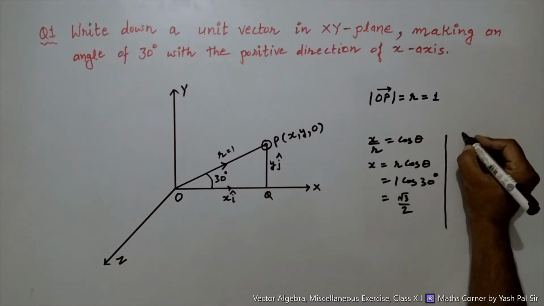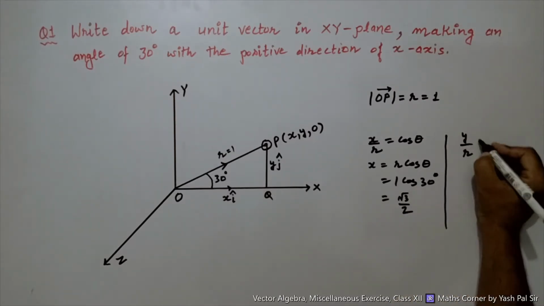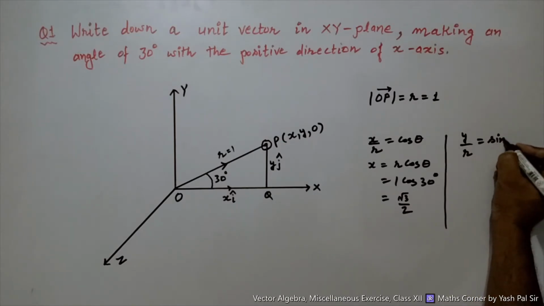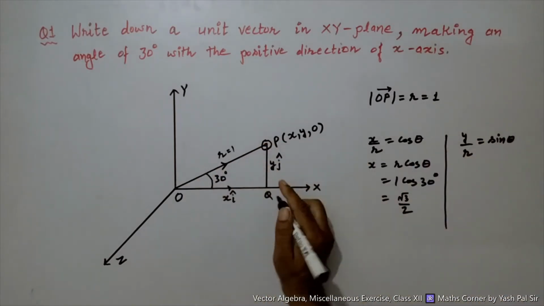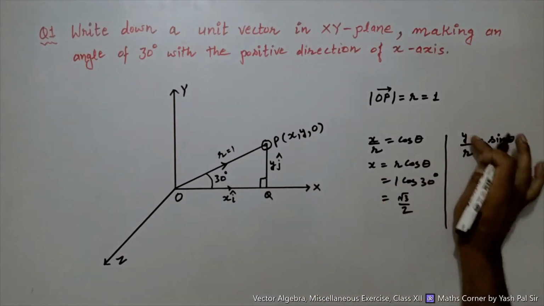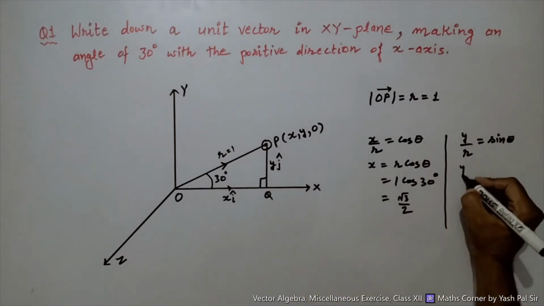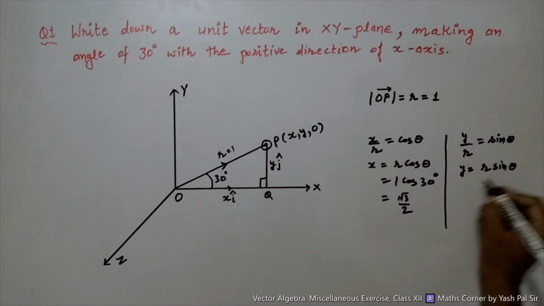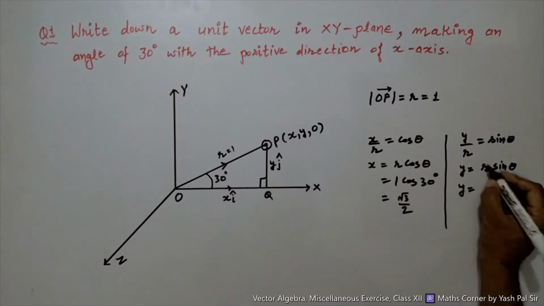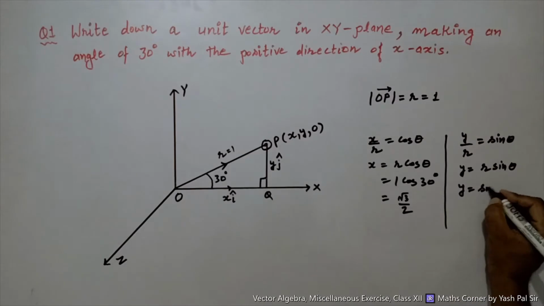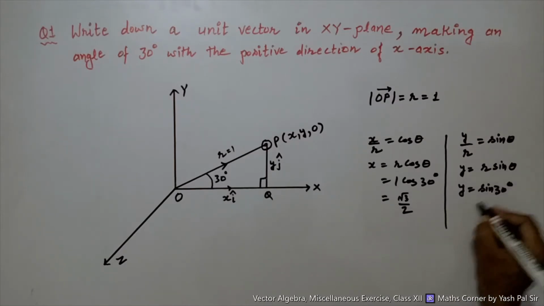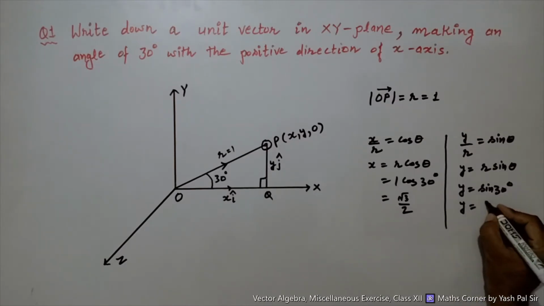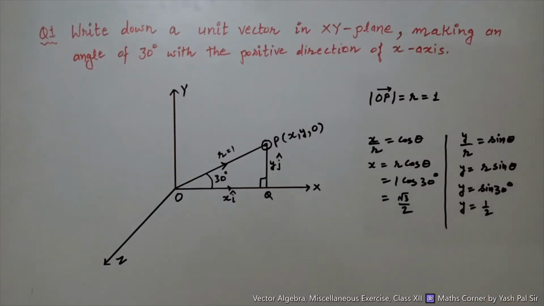Similarly, y upon r is equal to sin theta. This is right angled triangle. So y upon r is equal to sin theta. Y is equal to r sin theta. That means y is equal to r is 1 sin 30 degree. That means y is equal to 1 upon 2.